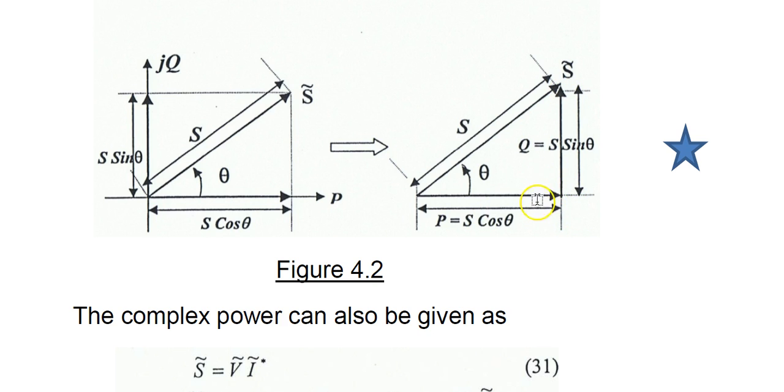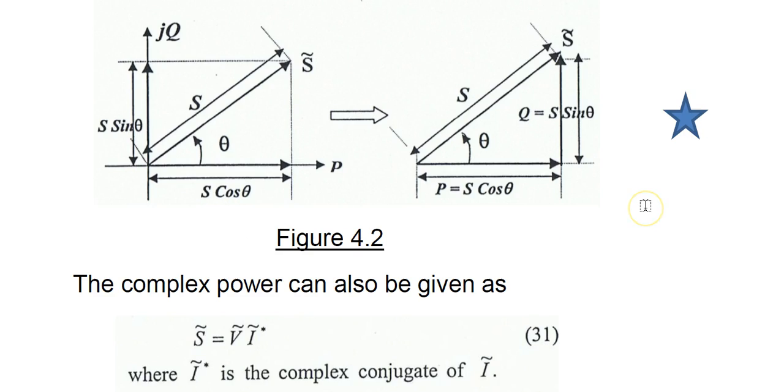Q is at a difference of 90 degrees, and the apparent power is formed by the hypotenuse of this right-angle triangle. So we can write it in this form, with j and P. At the same time, we can also present it in this form. Both represent what we call a power triangle, and it is going to be useful when we analyze how to improve the power factor and so on.